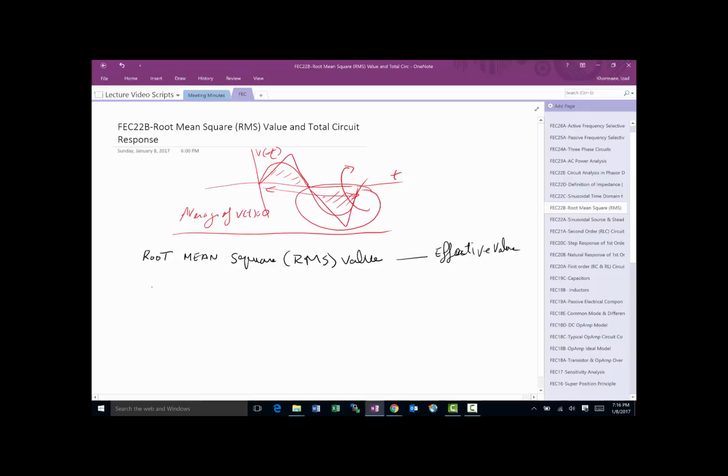So how do we do that? If somebody gives you a signal, let's say V of t, and they ask you to find an RMS value of that, you simply say, okay, V RMS is going to be equal to, just as the name says, root, mean, meaning I'm going to average it over one period.